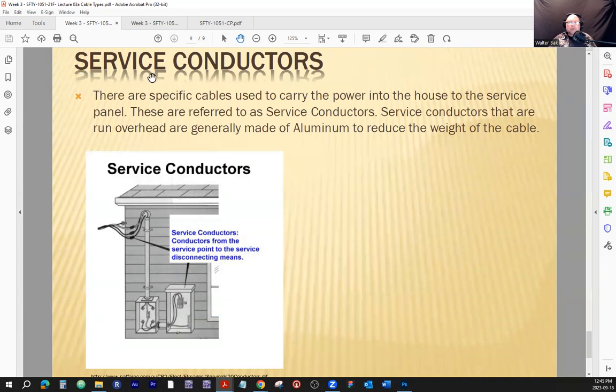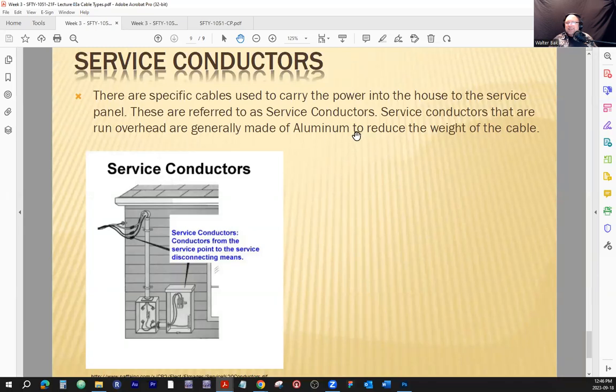Service conductors. These are conductors that provide power. Let's read this sentence here: there are specific cables used to carry power into the house to the service panel. These are the cables that are coming from outside. These are referred to as service conductors. Some of them are underground, but the ones that run overhead are generally made out of aluminum, or in the UK they would say aluminium.